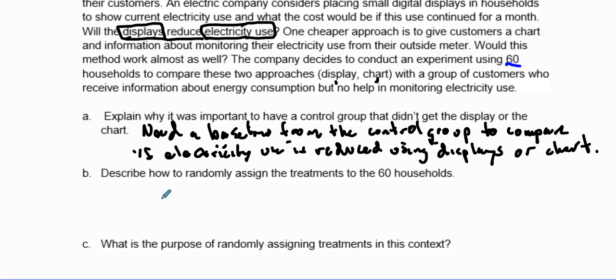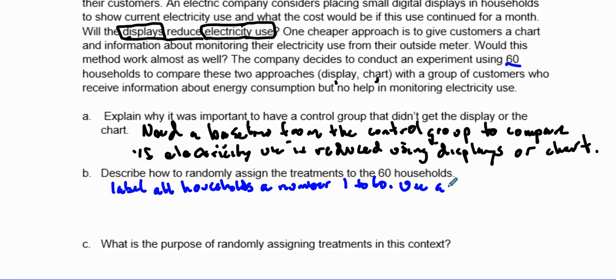Now we're doing a random assignment, so we would label all households a number 1 to 60. Use a random number generator to select 20 unique numbers.